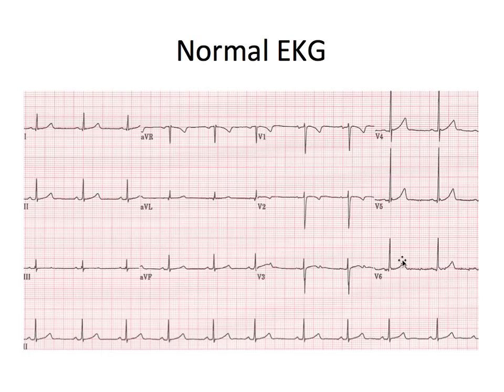V1 to V6 is like you're shooting a gun through the chest. It's an anterior to posterior electrical axis. So with the EKGs, remember we've got the P wave, QRS, and this is a completely normal EKG. The rhythm is sinus. And the rate, let's see, 300, 150, 100, 75, 60, so it's about 65 or so. So pretty normal.